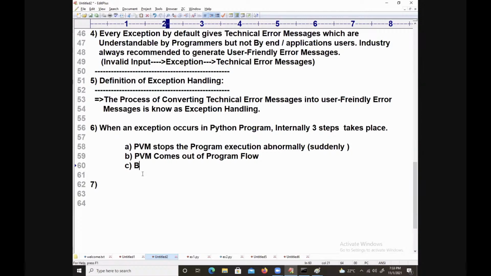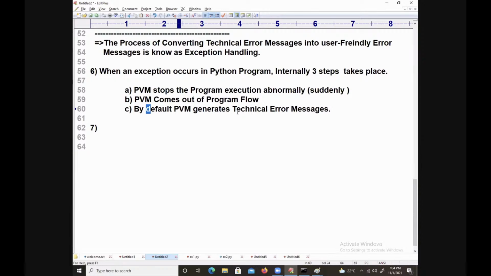By default, see my dear students, PVM generates technical error messages. PVM generates which messages?